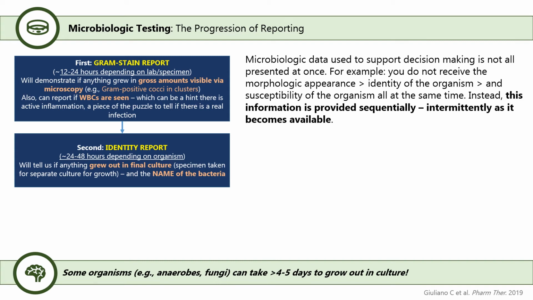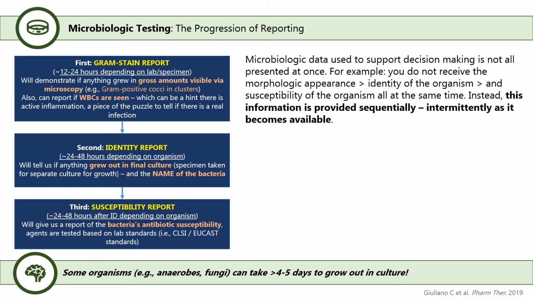Often, with knowledge of common susceptibility patterns, we can refine our antibiotic selection even at the gram stain stage, because we would know it's a gram-positive cocci in clusters, but certainly at the identity stage if we understand its common susceptibilities. For example, group A Streptococcus or Streptococcus pyogenes is always penicillin sensitive, so I don't need to wait for the susceptibility report, but this is pathogen specific.